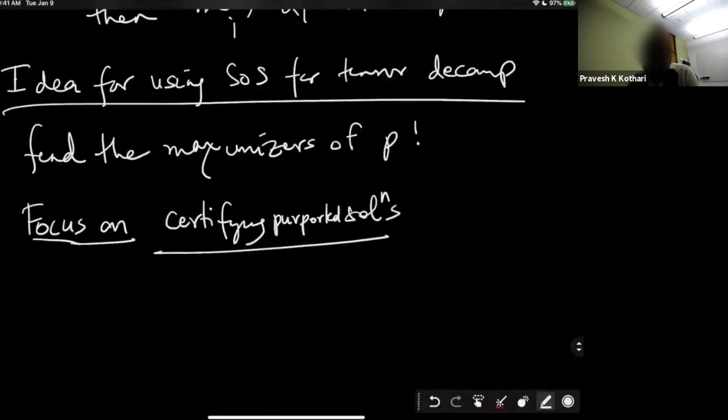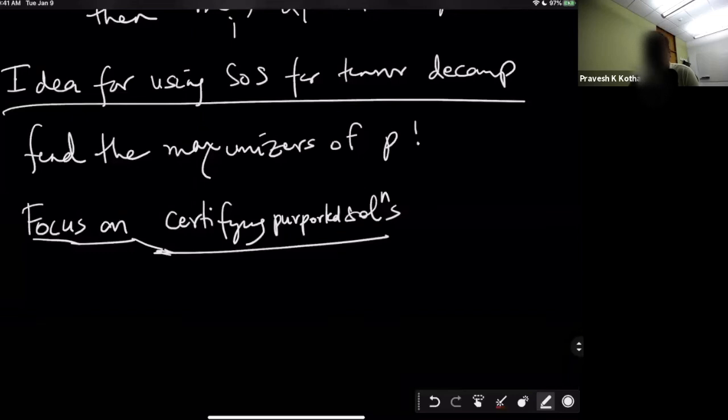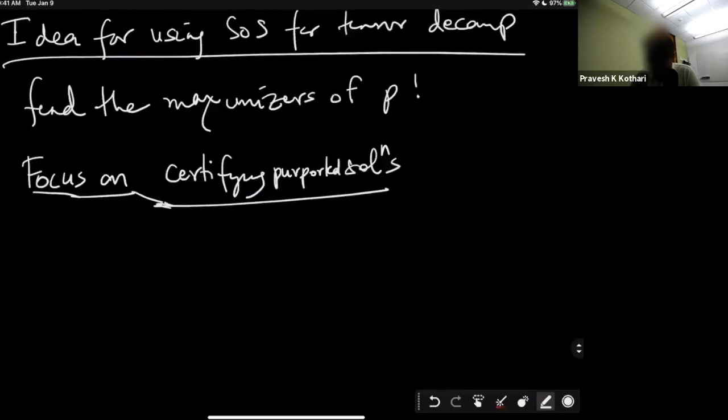So what's the natural test to check if I have a maximizer of P or not? Somebody comes and says, hey, you know what, here's a Y. Or actually, let's make it x because that's our variable. Somebody comes and says, I have a maximizer of P. What should I do?